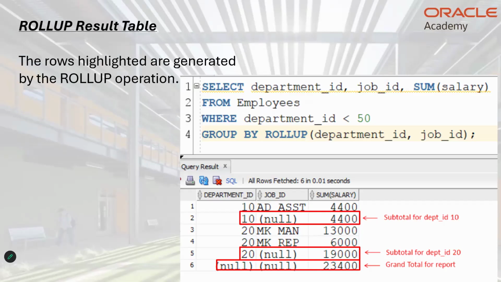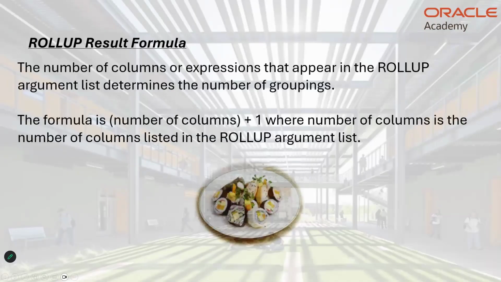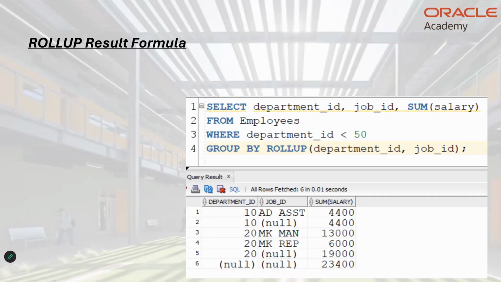So we look back here, we have 2. How many columns do we have? 1, 2, actually 3. No, actually we only have 2. So that means that the roll-up will generate 3 rows of its own. 1, 2, 3. Okay. So that formula kind of works.